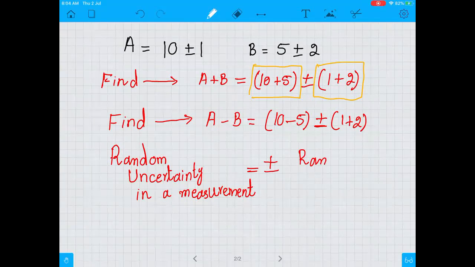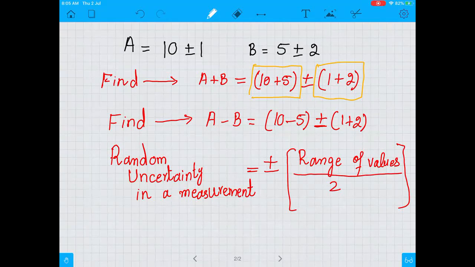So range of values over 2. So random uncertainty in a measurement is actually plus minus range of values over 2.